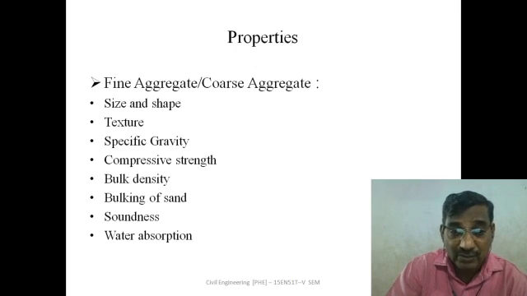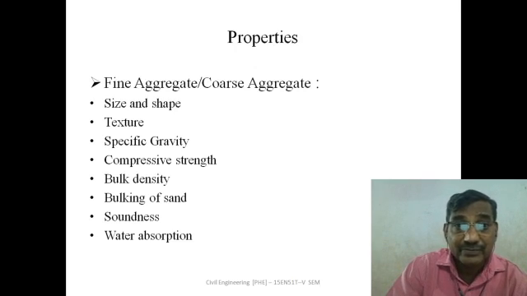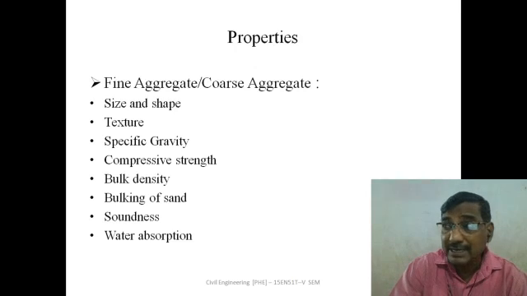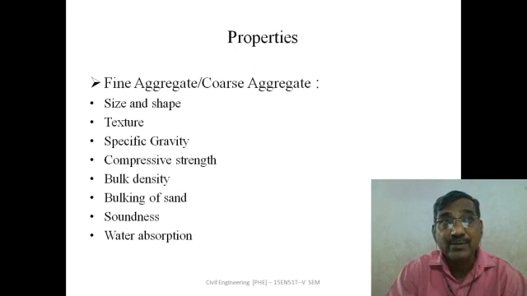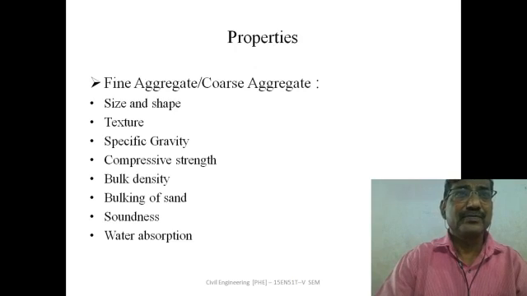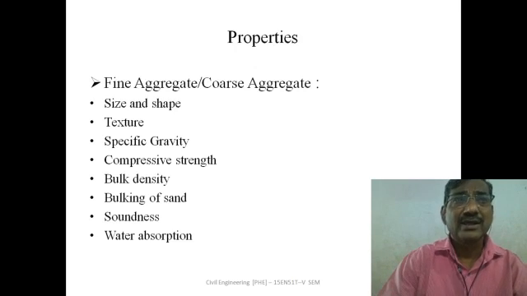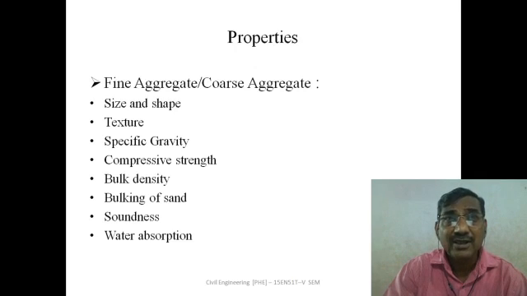Usually 30% bulking is considered for concrete design. Next, water absorption. So 1 to 5% of water absorption by weight is generally preferred. Soundness is the property of aggregate, that is the resistance power of the aggregate against wearing and tearing.